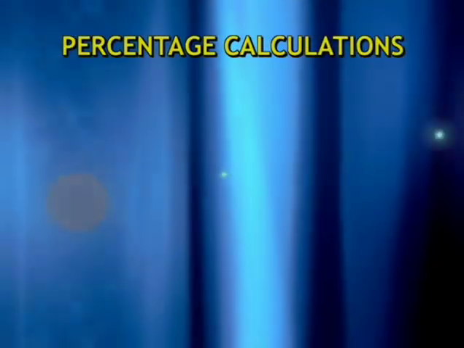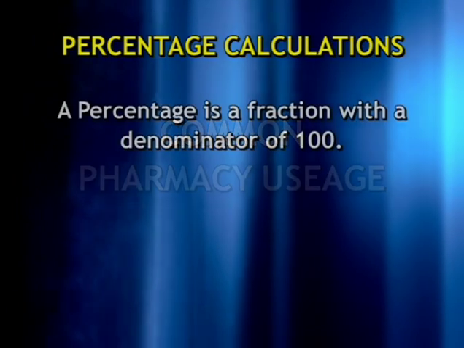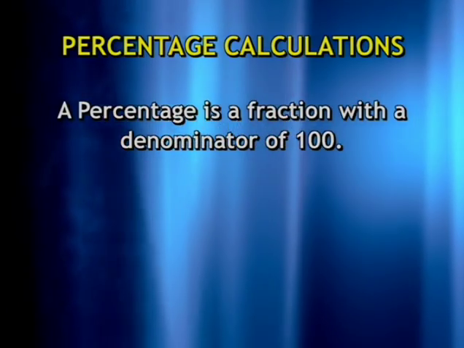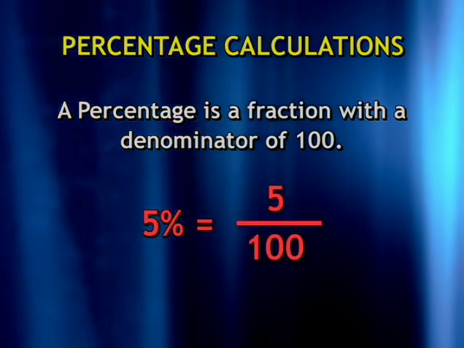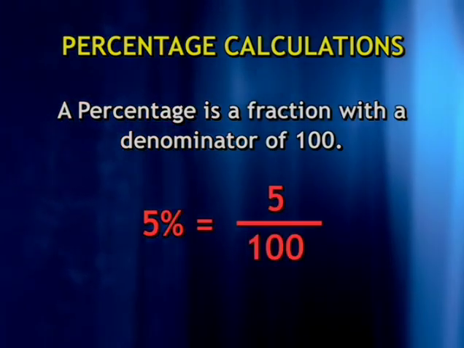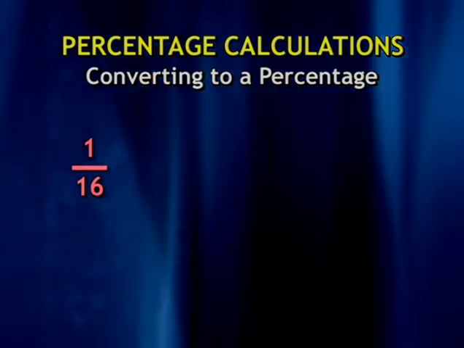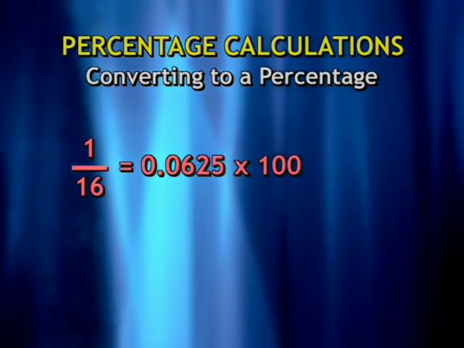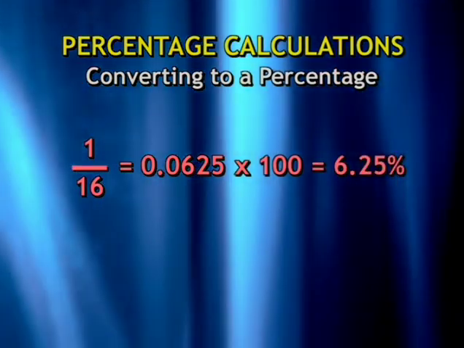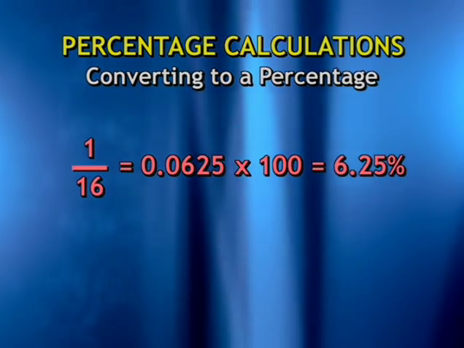Percentage calculations. We are interested in working with percentages because the concentration of a drug in pharmaceutical preparations is often expressed as a percentage. Percentages are a special kind of decimal fraction with a denominator of 100. In other words, 5% is actually 5/100ths. To convert the fraction 1/16 to a percentage, you must first convert it to a decimal fraction, then multiply by 100 and add a percent sign. 1/16 is equal to 0.0625.